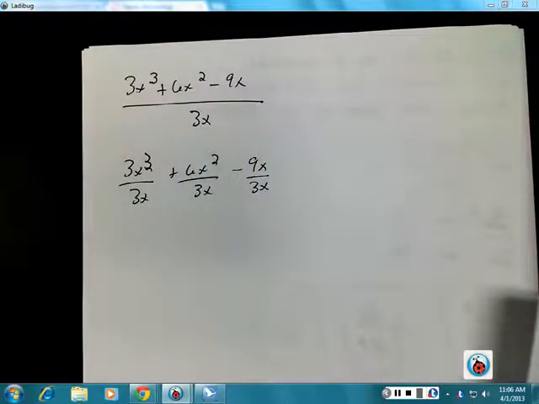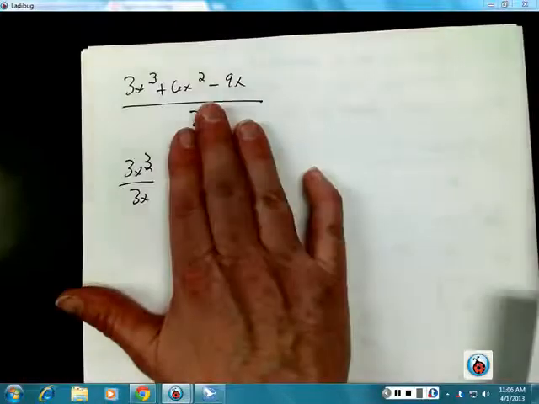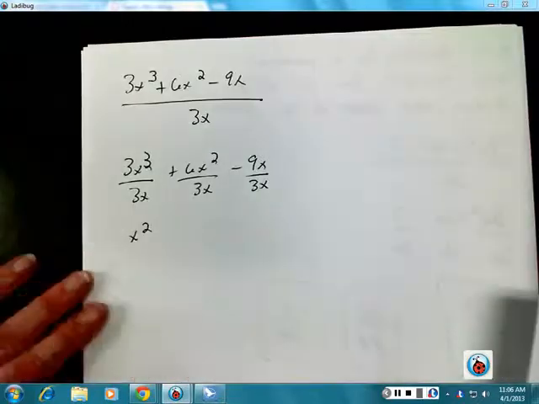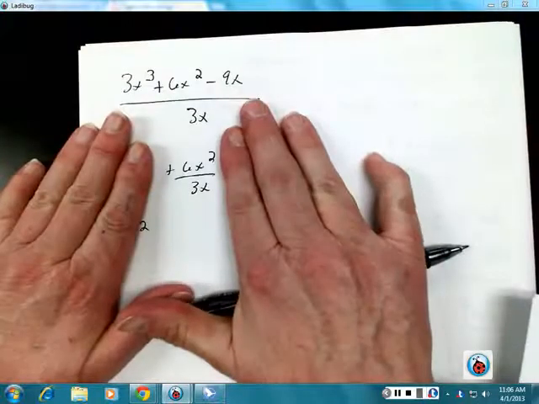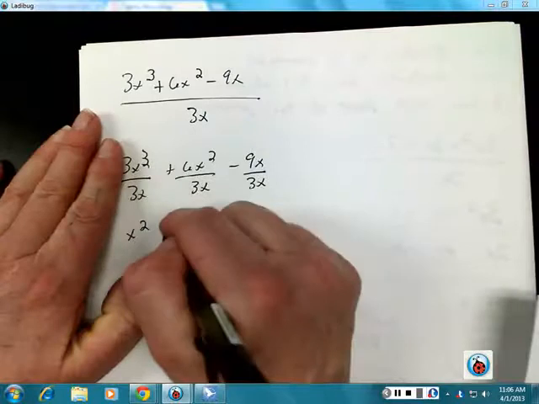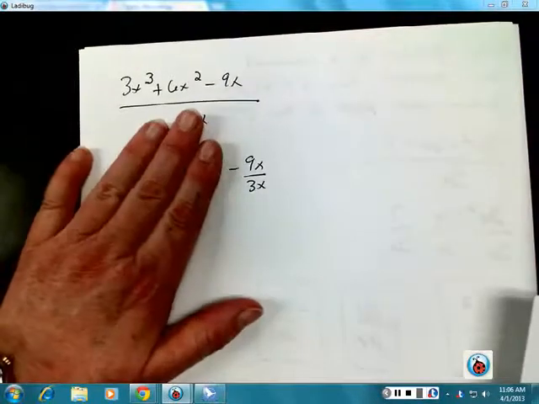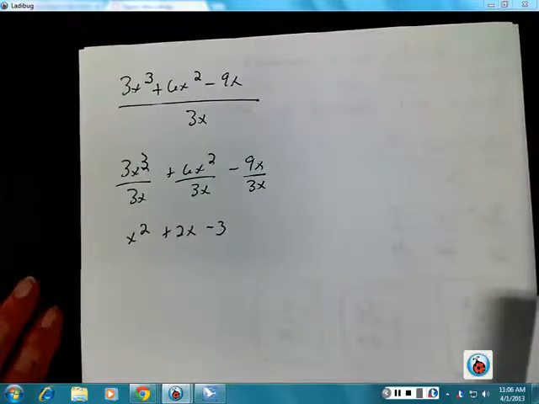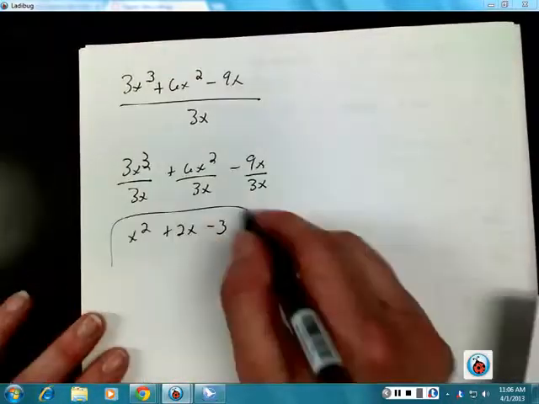And then I look at each one and see if it can be reduced. Can I reduce that part? What does that come out to be? X squared. Not that one. Plus 2x. And finally the last one, negative 3. And you're done. Okay? So, straightforward enough.